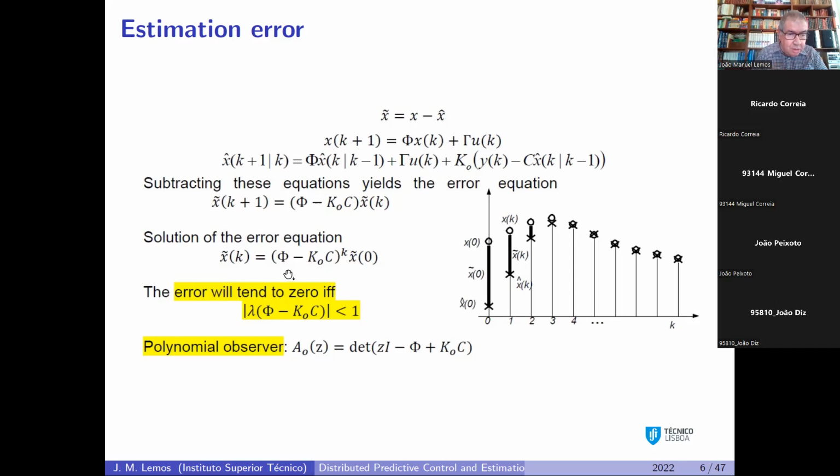But this goes to 0 if the roots of the characteristic equation, or the eigenvalues of this matrix phi minus KOC, are all inside the unit circle.